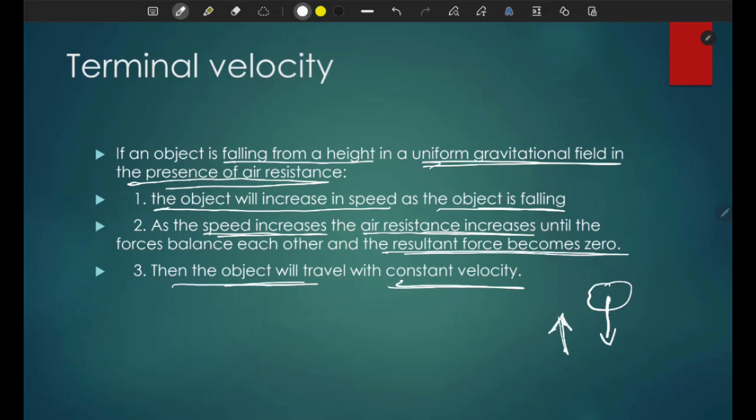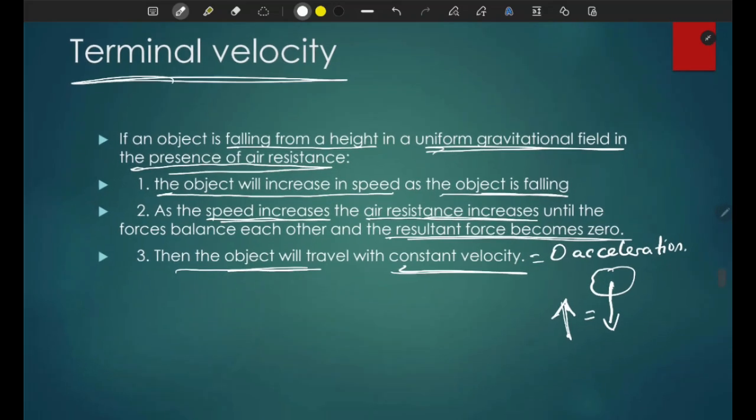So at some point these two forces would be equal. And after that, the object would just be traveling at a constant velocity. So when there's a constant velocity, that means it's zero acceleration. That's what we mean. And that constant velocity, that zero acceleration, is what we call terminal velocity.